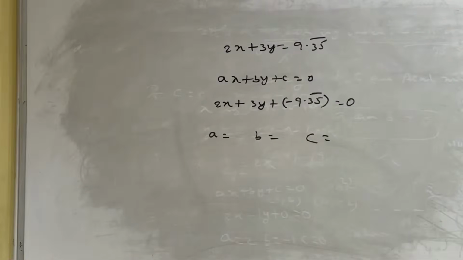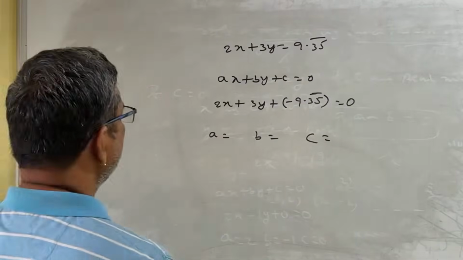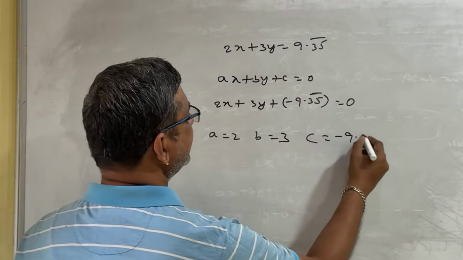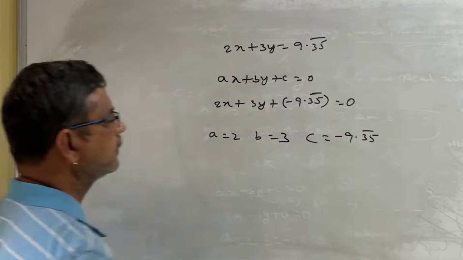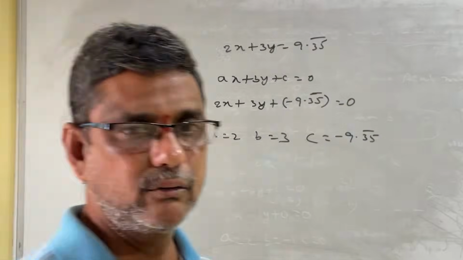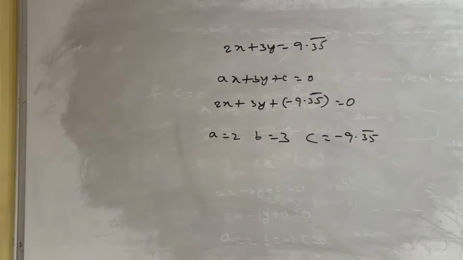You are not expressing in the general form, just writing the a value, b value, c value. Now write down a value, b value and c value. C value is negative 9.35 bar.